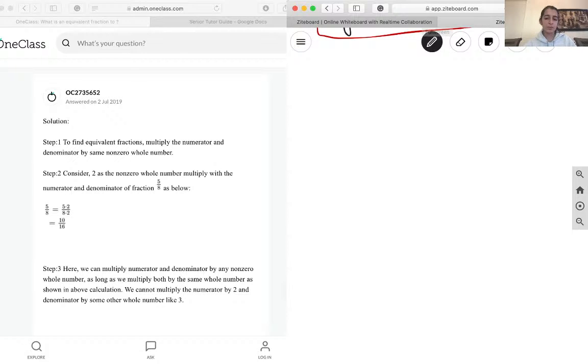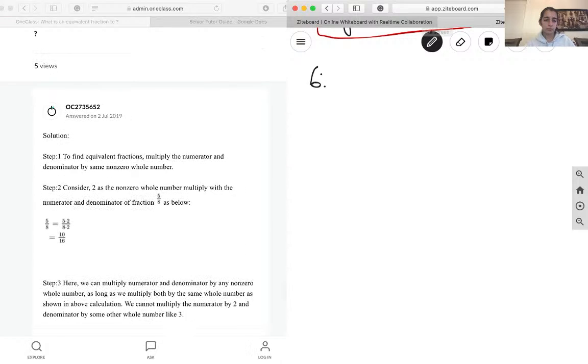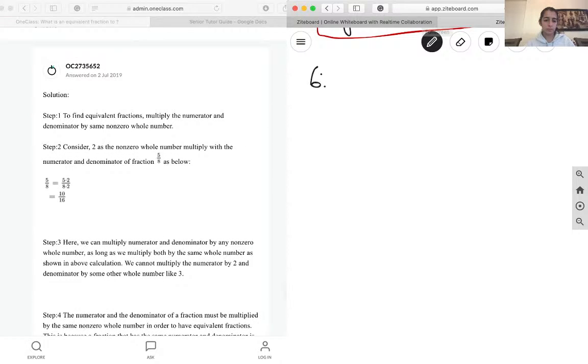Okay, so in this example, we have to find a fraction that is equivalent to the fraction that is given to us. The fraction given to us is 5/8.